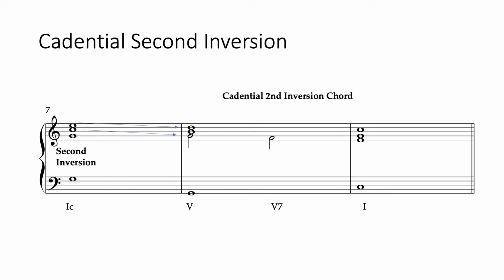That 1C 5/6/4 battle is one for another day. So there we are. There's a cadential second inversion chord. That's broadly speaking what we're looking at, and we'd expect a 1C 5/1 progression.